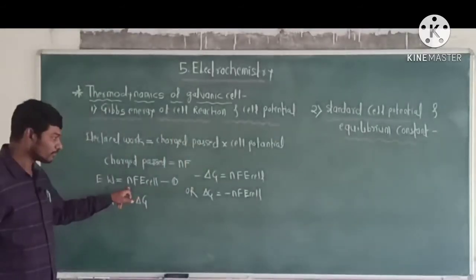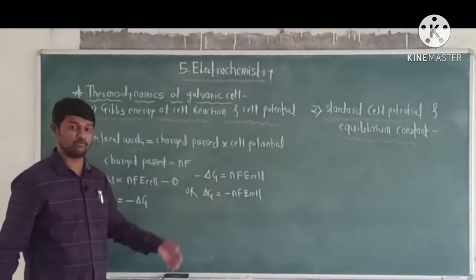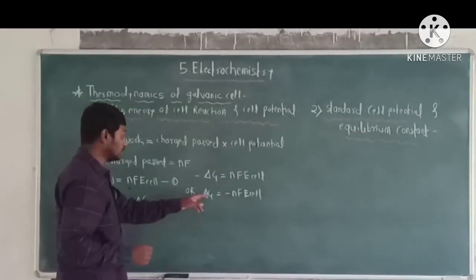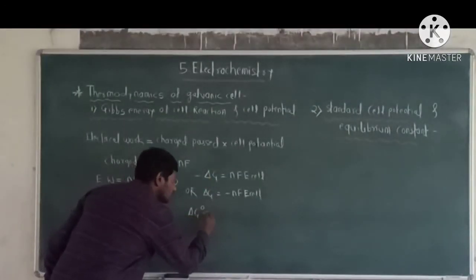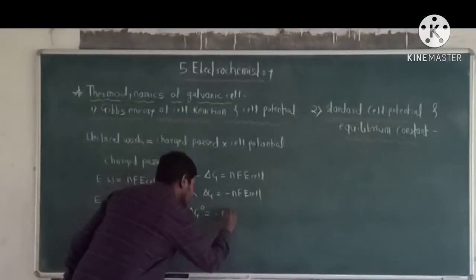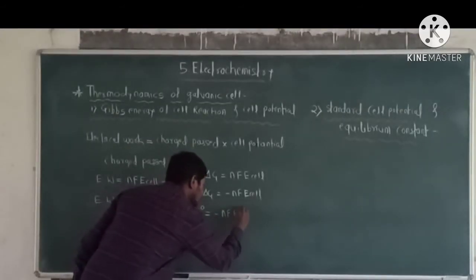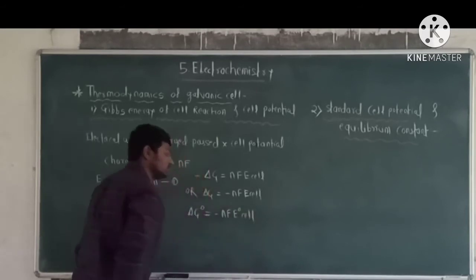Write down this equation in a standard form, that is standard Gibbs energy change is equal to minus nF E0 cell.